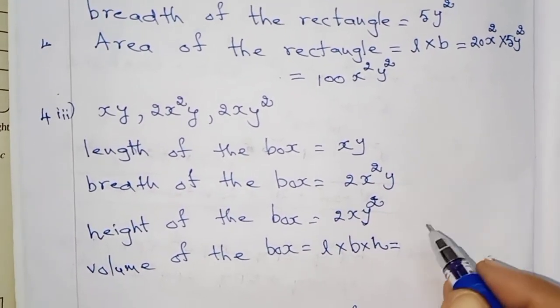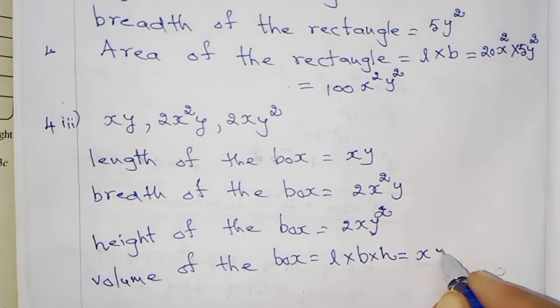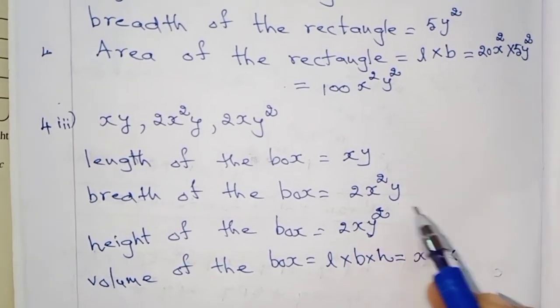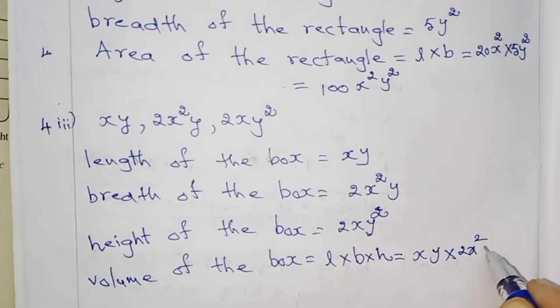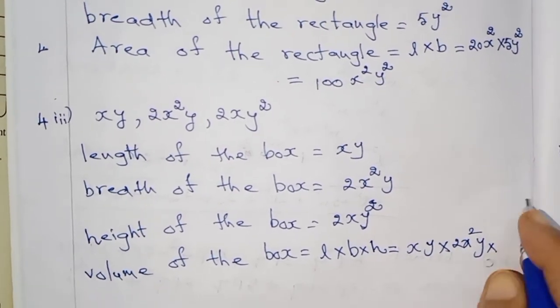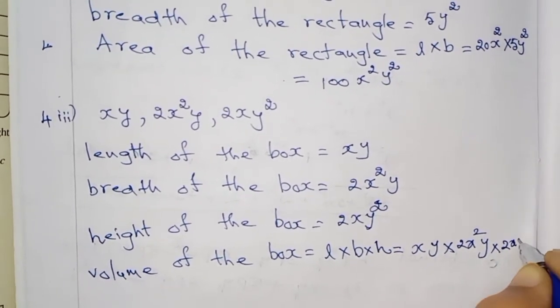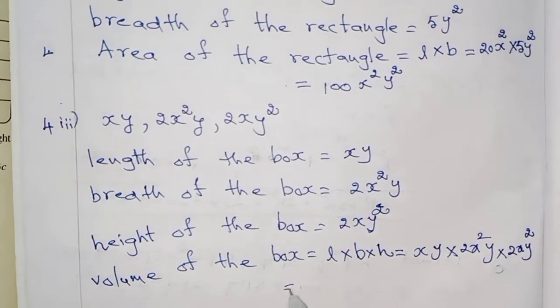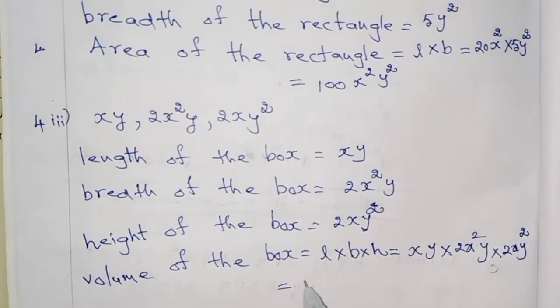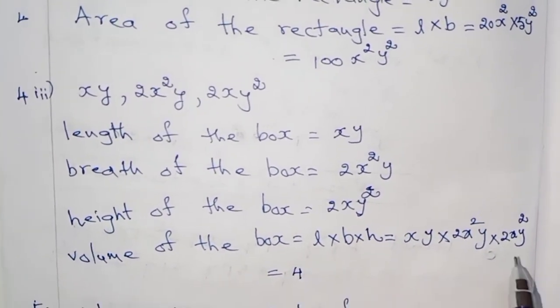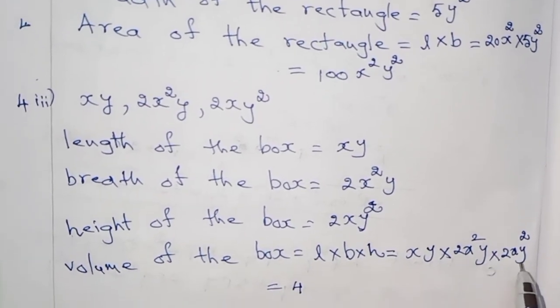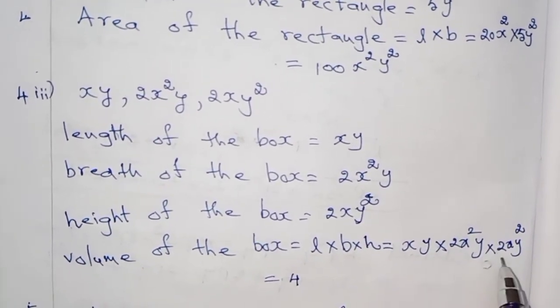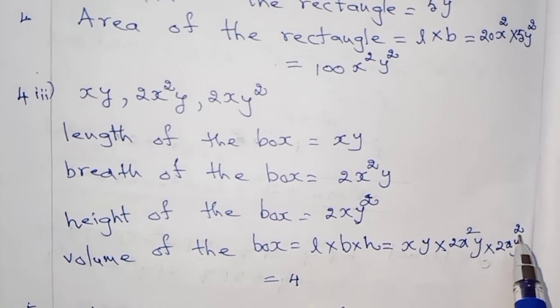So the length is xy, the breadth is 2x square y, and the height is 2x y square. First we multiply the coefficients: 2 into 2 is 4. Now we multiply the variables: x into x square into x, so we add their powers.